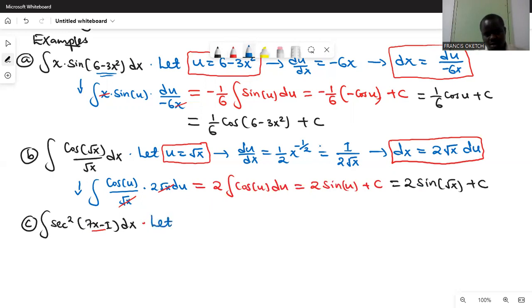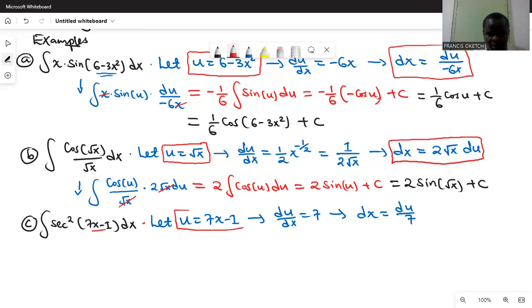Let me write that. Let u be 7x minus 1. So when you differentiate, you get du dx. That will give us 7. If you make dx the subject, we are going to get dx is equals to du over 7. So our substitutions are these ones. U is equals to 7x minus 1. And also dx is equals to du over 7.